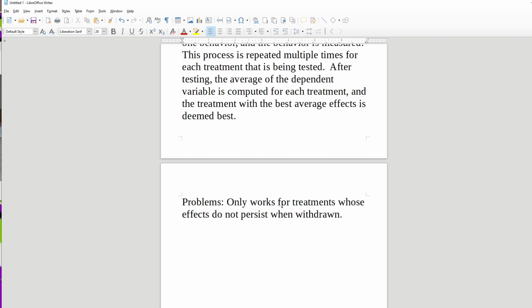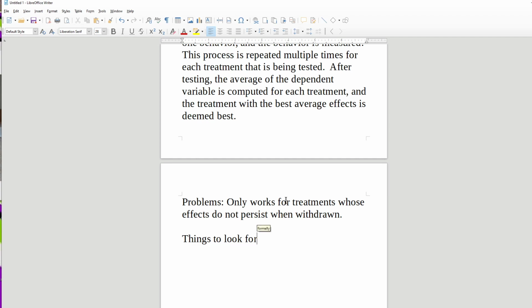So you've got this problem that you're giving multiple treatments to the same dog, and you've got a problem with carryover effects. Maybe the effects of one treatment bleed into the next week and are affecting the dependent variable for the next treatment. You don't really know, and so the effects of one treatment may persist when another treatment is introduced.